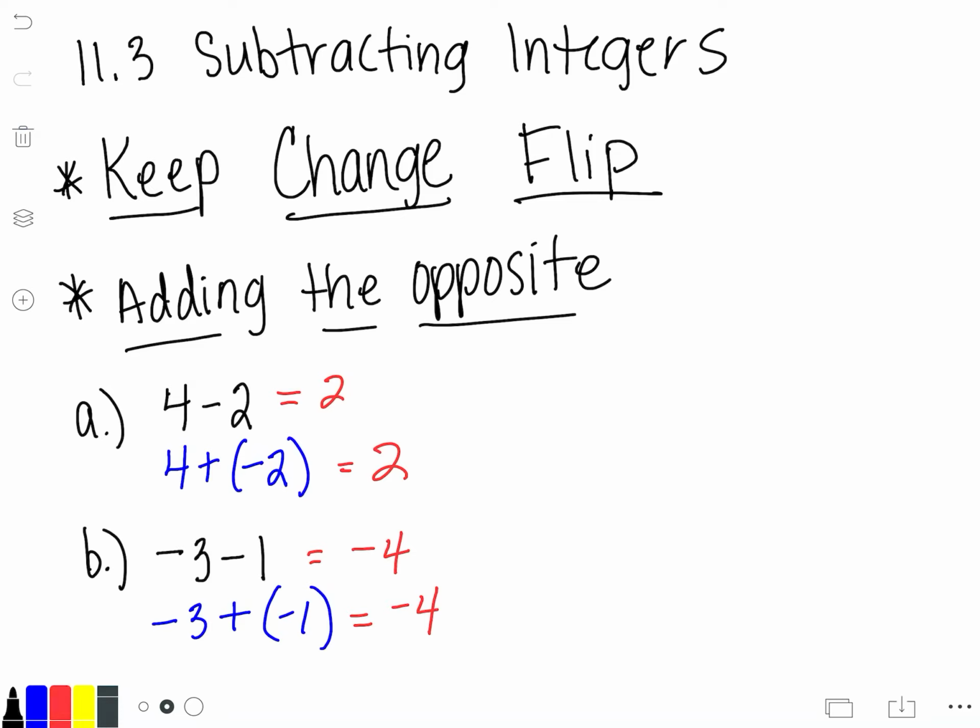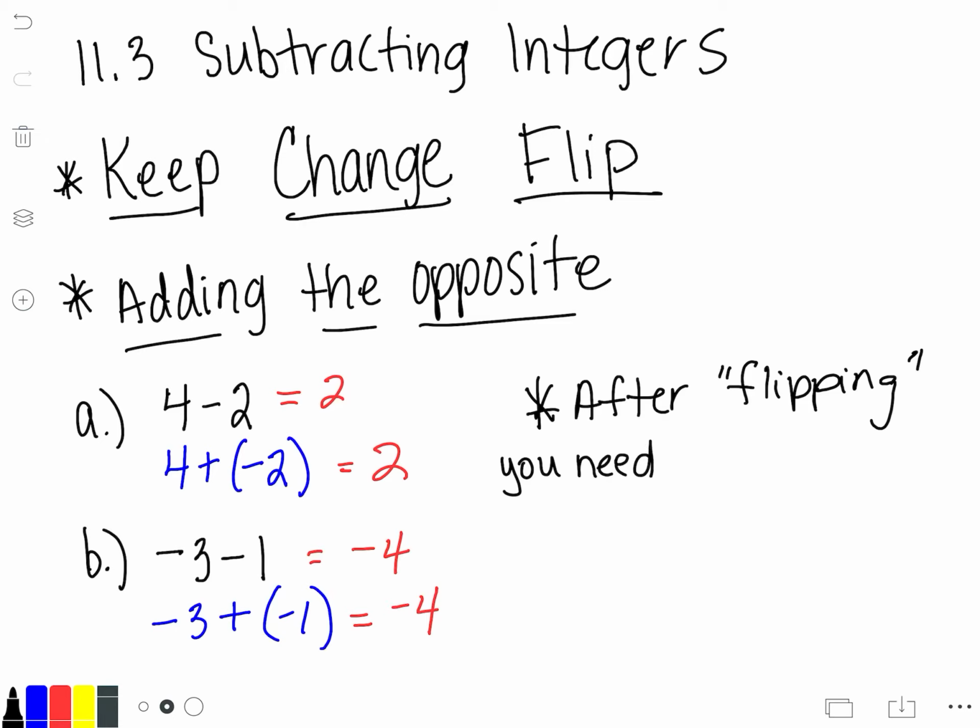So let's write off to the side: after flipping, you need to follow the rules for adding integers.